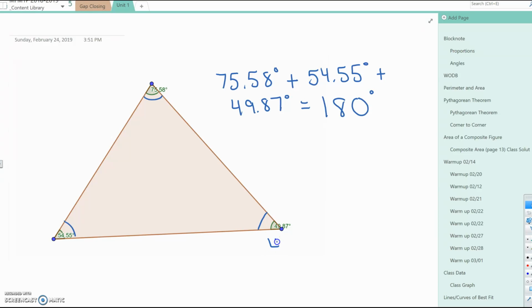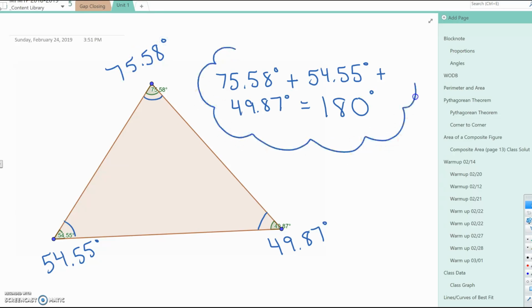I'll write them down a little bit bigger. And then I want you to add the sum. So the sum of all three of these angles, I want all of this written down. Once you have all of this written down, we're going to move on to looking at different types of triangles.